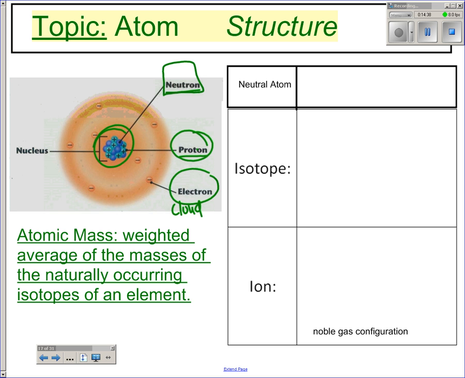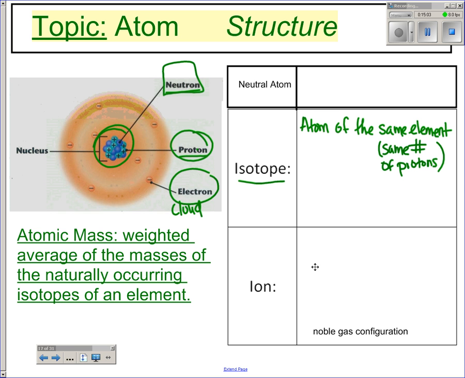So an isotope is going to be an atom of the same element. If they're the same element, that means that they're going to have the same number of protons. The only thing that's going to be different about these isotopes would be that they're going to have different numbers of neutrons.